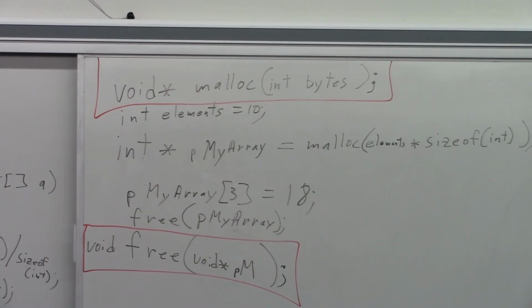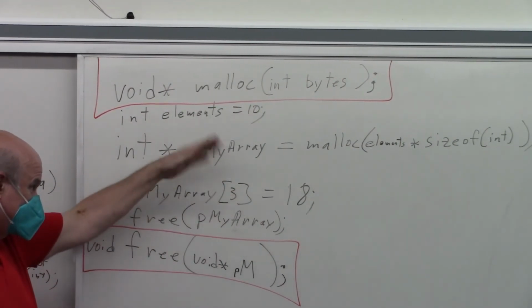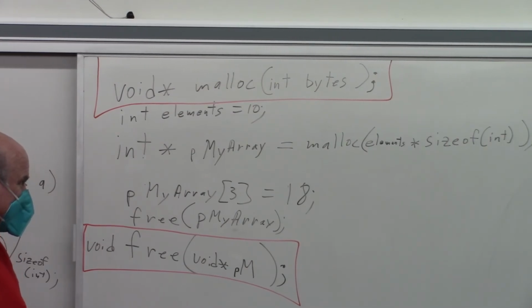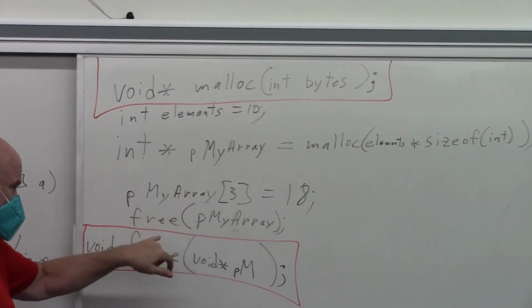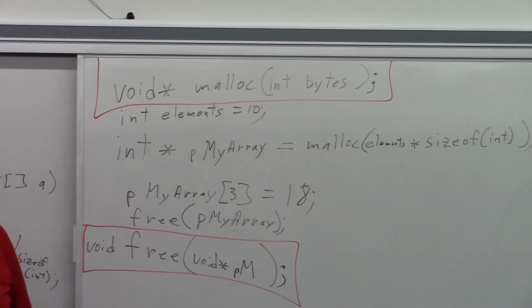In this case, I allocated a pointer called pMyArray. I did whatever I was going to do with it. And then let's say I'm done with it. I call free and pass that pointer in to tell the system you can have that memory back for the next program or the next use in my program of memory allocation.